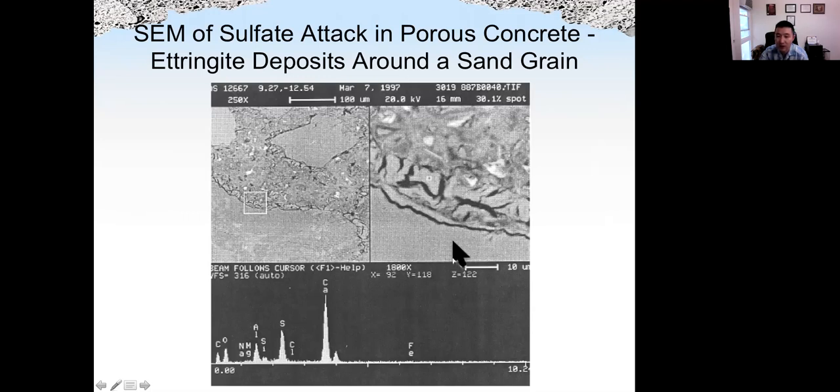So the picture on the right shows ettringite, which has this strip pattern where we see white and black patterns, okay, like a zebra. Okay, so this is ettringite from SEM picture. Okay, and we see on the boundary between the sand and the cement paste, ettringite is deposited.